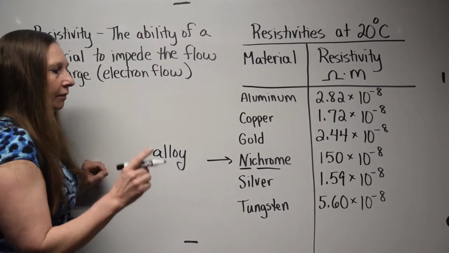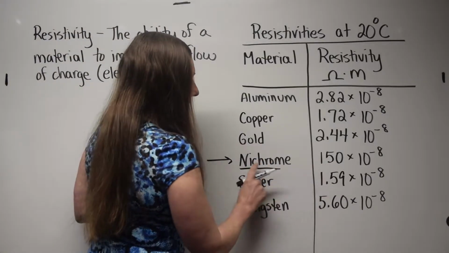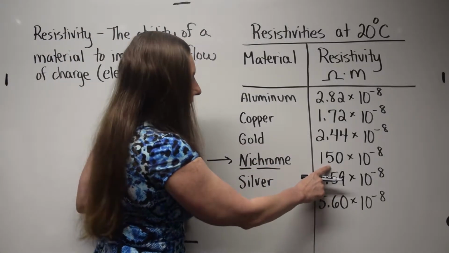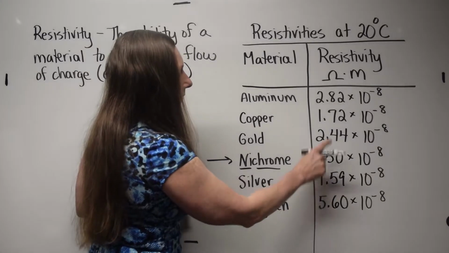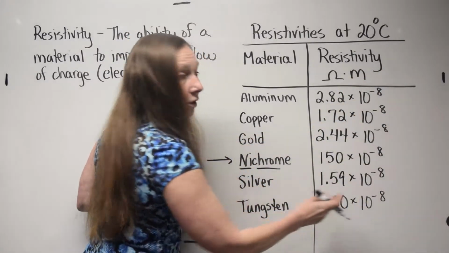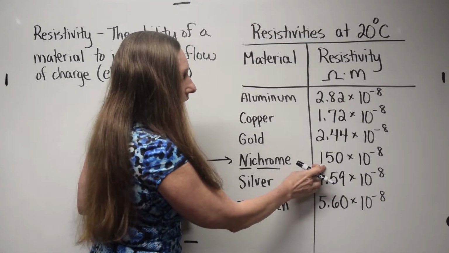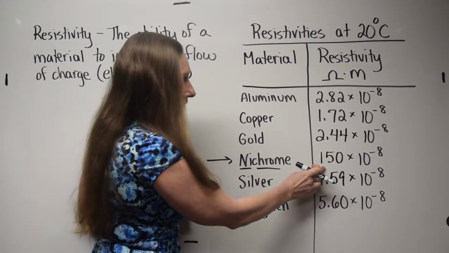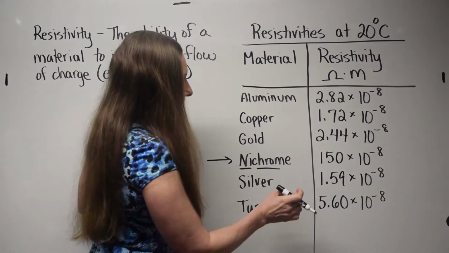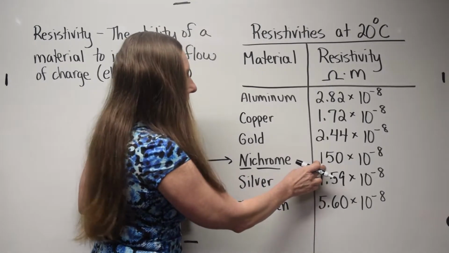And notice that the nichrome has the highest resistivity on this chart. All the exponents are the same, so 150 times 10 to the negative 8 would be the highest resistivity on this chart.